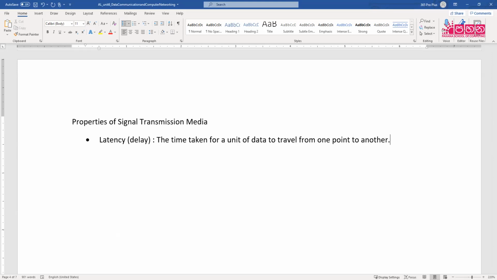Simple idea. So remember, we discussed that in data transmission, we have sender, receiver, and then there's a medium. So the time taken for a unit of data to travel from one point to another point, that's called latency.